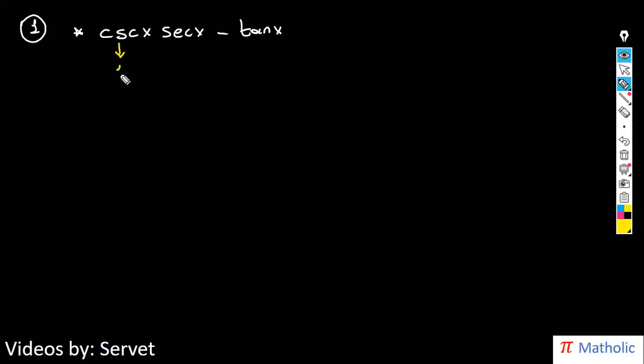So first one can be written as 1 over sine x, and second can be written as 1 over cosine x minus sine over cosine x. As you can see here, if you have 2 fractions, we must equalize their denominators, which means I have to multiply denominator and numerator by sine x.